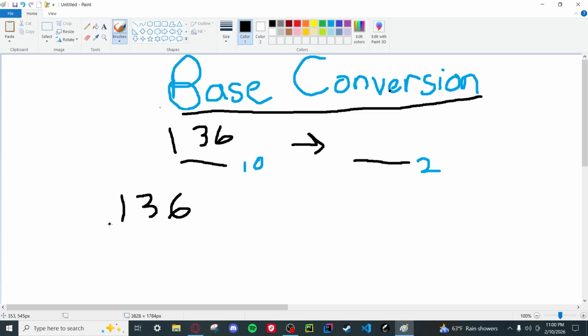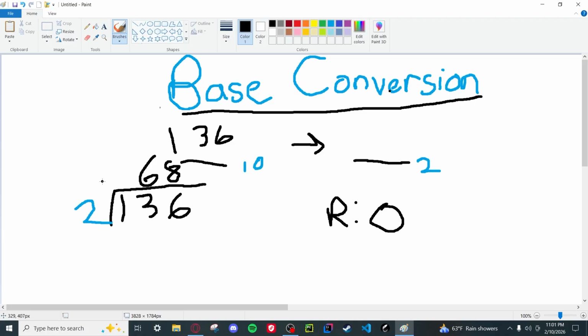So we're going to do 136. Remember, we're converting it to base 2. Stick a 2 here. Now, I'm just going to use my calculator so I can avoid silly mistakes. So 136 divided by 2 is 68. Sidebar the remainder. If there's no remainder, then the remainder is 0. Okay, cool.